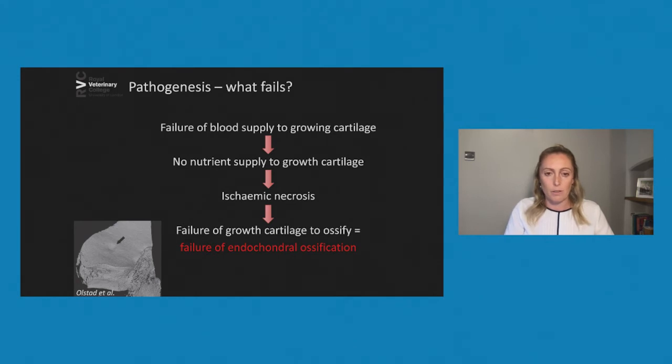If the growth cartilage fails to have a blood supply, then there's no supply of nutrients to that area, and that will lead to ischemic necrosis and death of that cartilage. And that's, again, why we see this depression in the bone, as we can see on this micro-CT picture here.